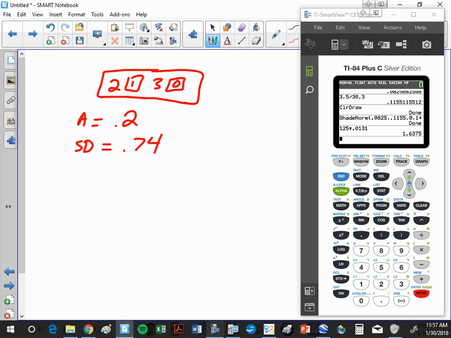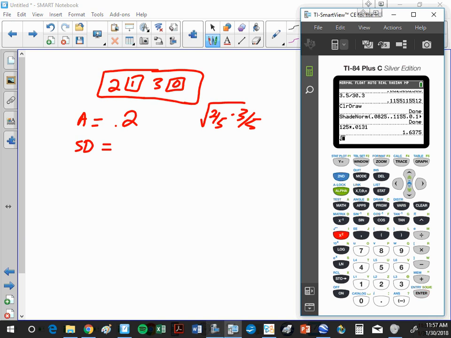Wait, but isn't the average, if we're doing a 0-1 box, should be higher. Should be 0.9 something. Okay, let's figure it out. So it's going to be the square root of 2/5 times 3/5. Yeah, that makes more sense. 0.498.